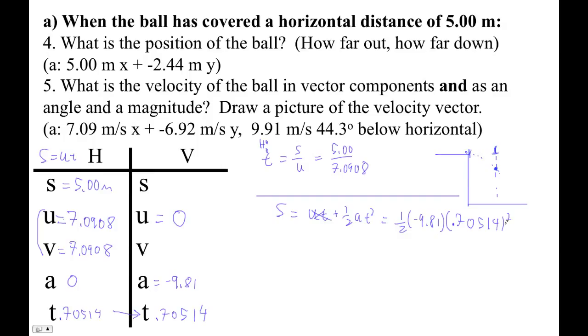And I get that the vertical displacement is negative 2.4388 meters. So it ends up down, of course, right? And then let's see, for final velocity vertically, I would use v equals u plus at.